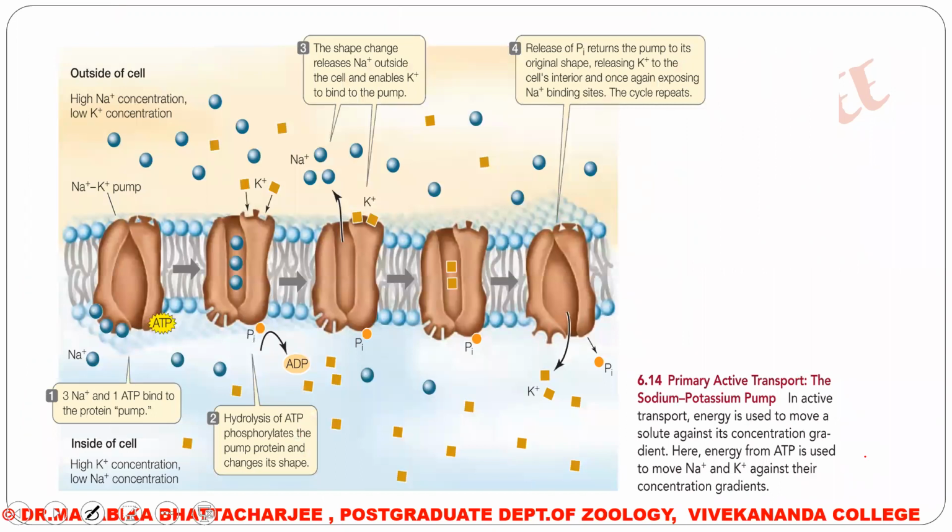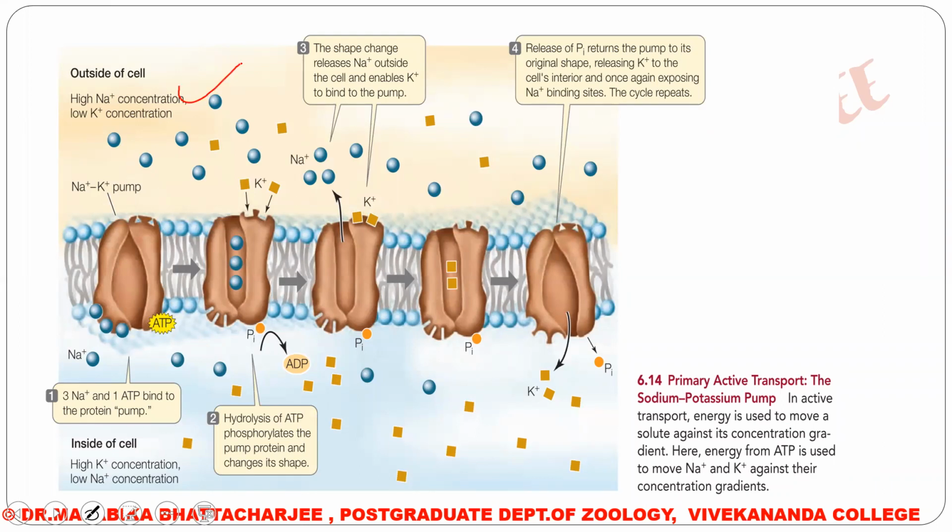Now coming to the sodium potassium pump. I've just highlighted the sodium potassium pump because this is one important form of active transport. You can see we have a higher sodium concentration on the outside. This is important.